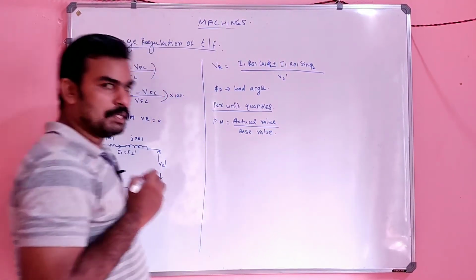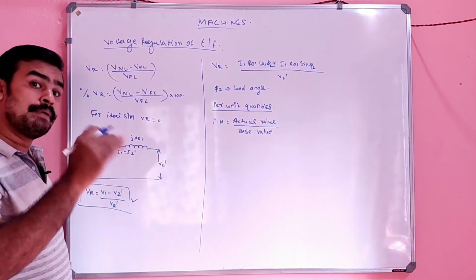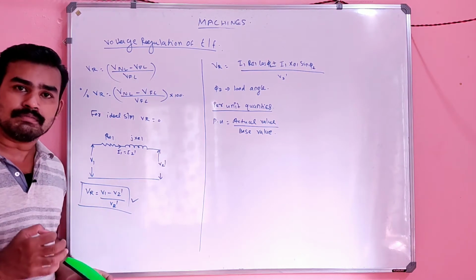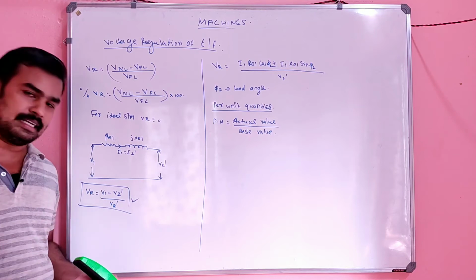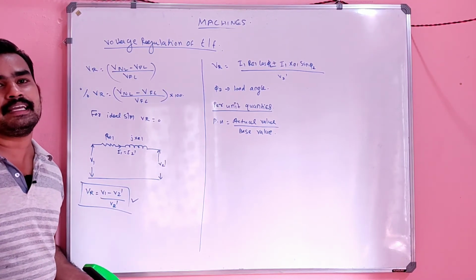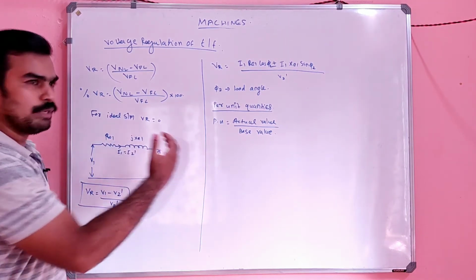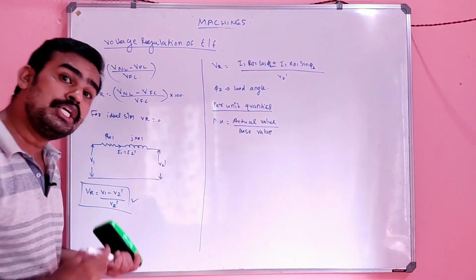That is the meaning of the per unit system. How can we represent these equations in per unit system? Because it is very easy to solve a problem if it is in per unit quantities. In two steps, or just one step, you will get the answer. We will definitely do some problems, and you will understand the importance of the per unit system. So let's now discuss these equations in per unit system.